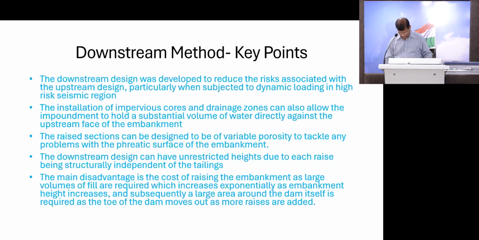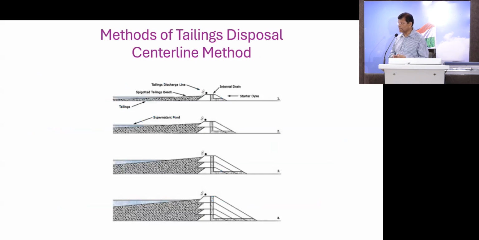But then comes another one in between. This is called the center line method, which is currently becoming the norm. It is in between: partially going into the tailings and partially going outside. One advantage is that this is raised vertically.